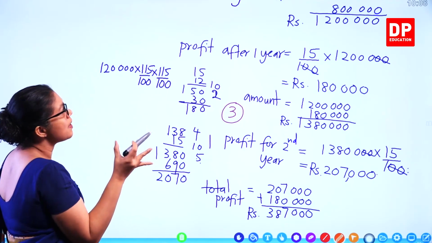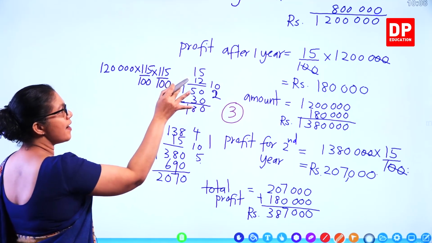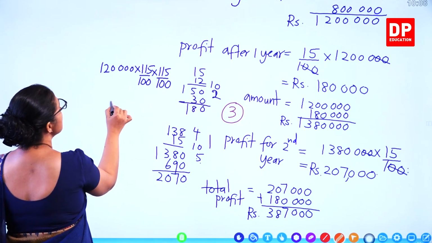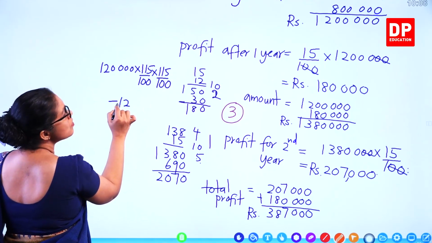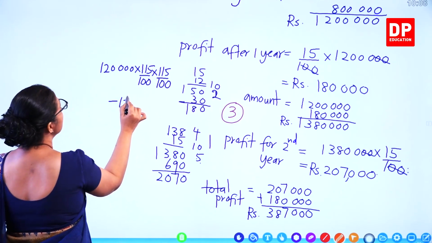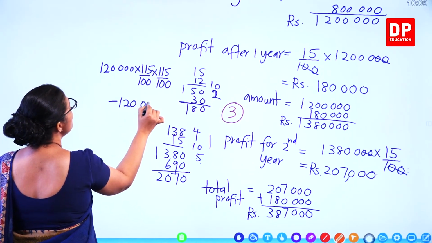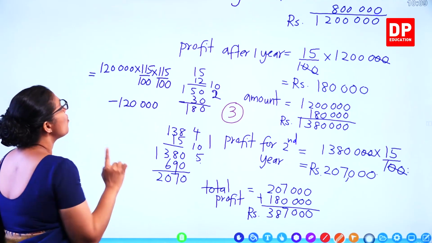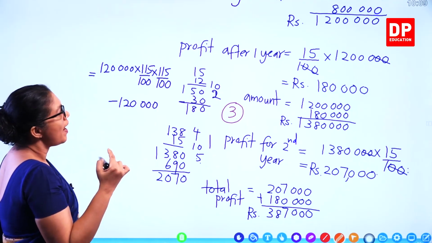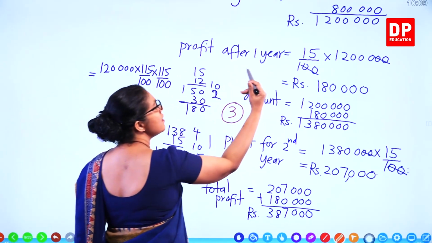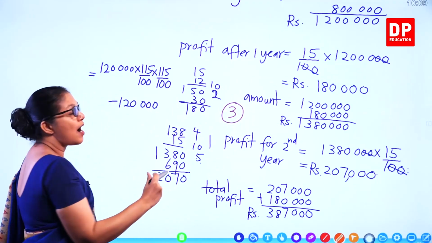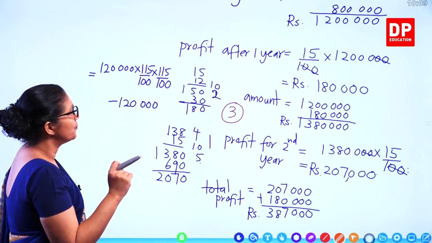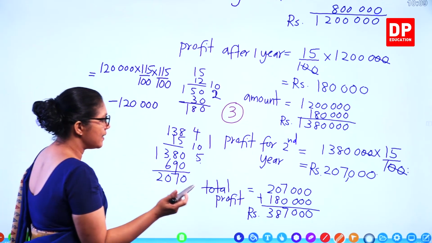And then you subtract 1,200,000 from this. That's the total profit. That way also you can do. So I did it separately, finding the interest after first year, after second year, and then adding the 2. So both ways you get the same answer.